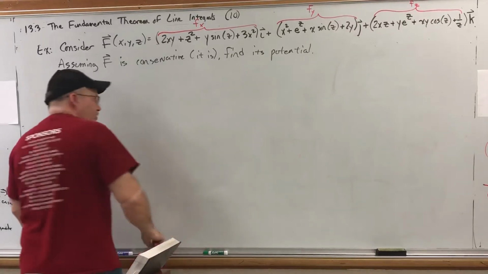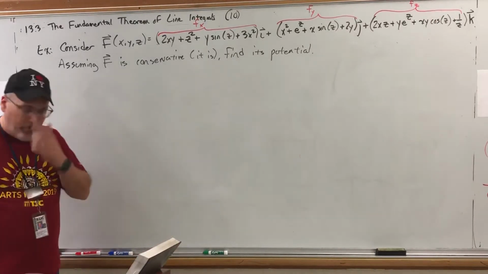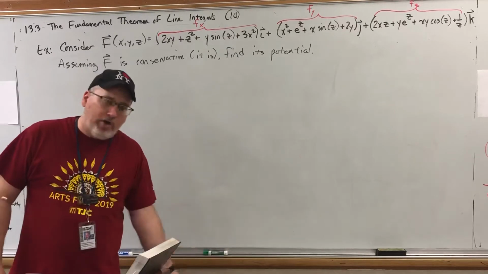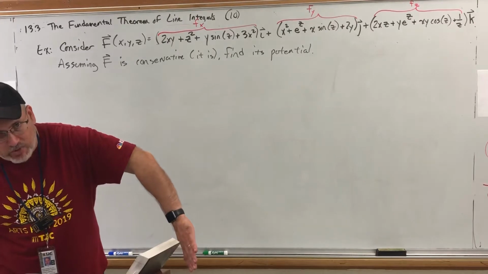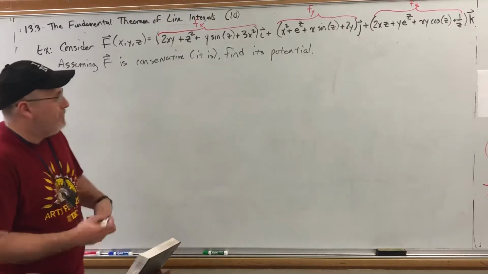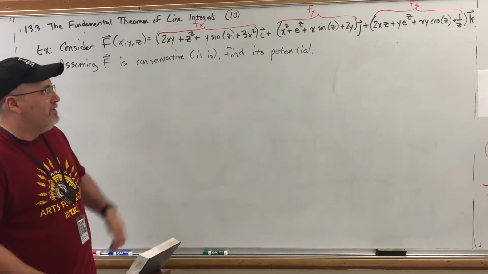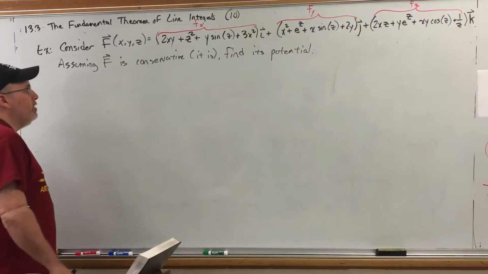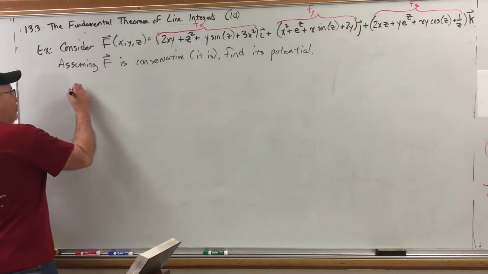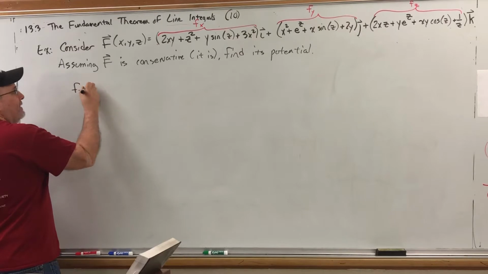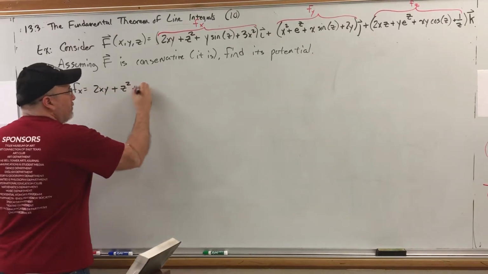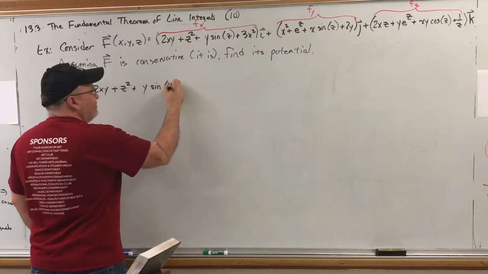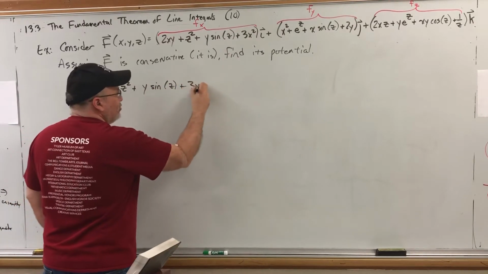So what we're going to do is basically what we did in the last example. Integrate to recover part of the function, take the derivative to connect it to another partial derivative, but now we'll have to do that process twice to get through all 3 partial derivatives. So let's start with the partial derivative of f with respect to x, which is equal to 2xy plus z squared plus y sine of z plus 3x squared.